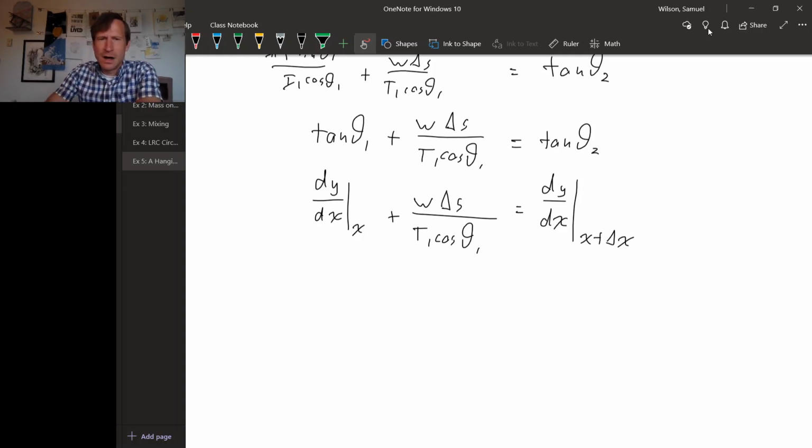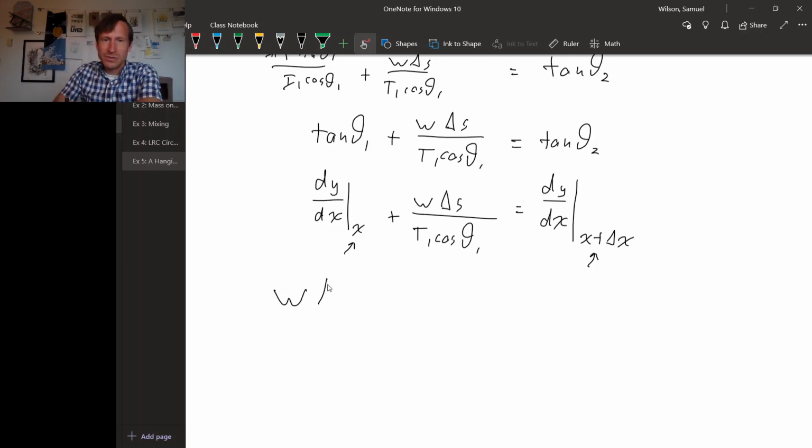Okay, now whenever I see a term that has x and x plus delta x, I think, oh, these ought to be subtracted, because if these are subtracted, maybe we can make a difference quotient show up. So let's move this derivative to the right.